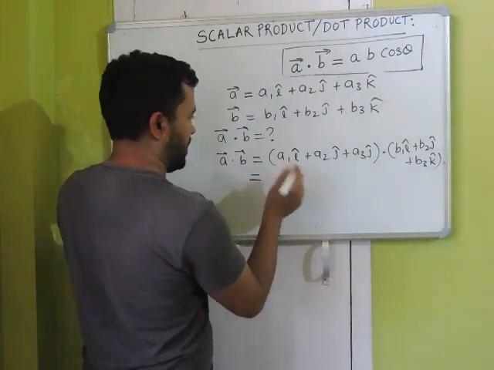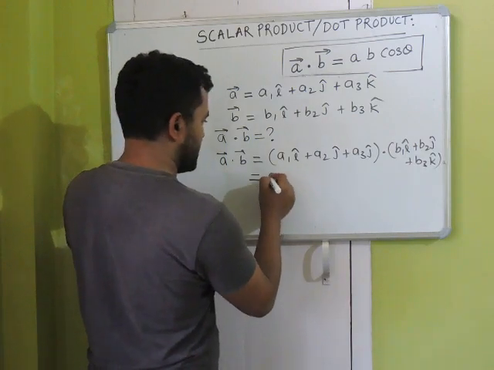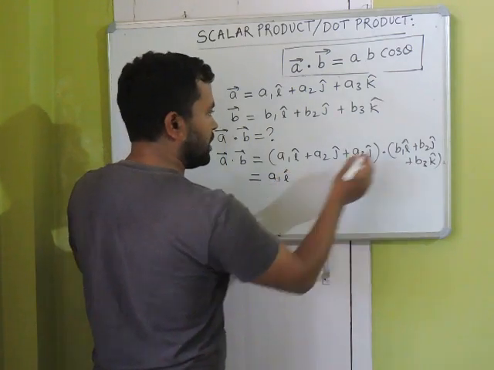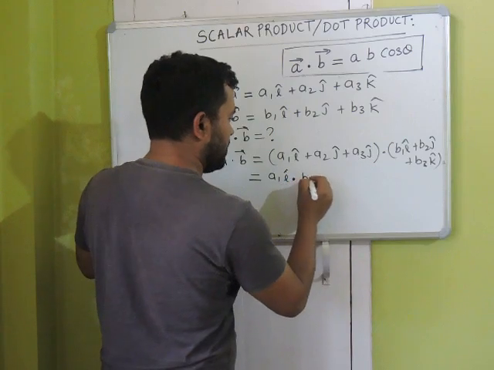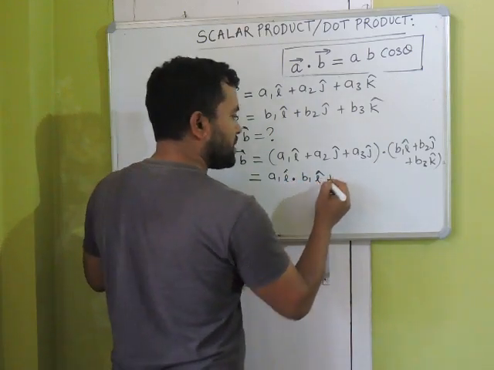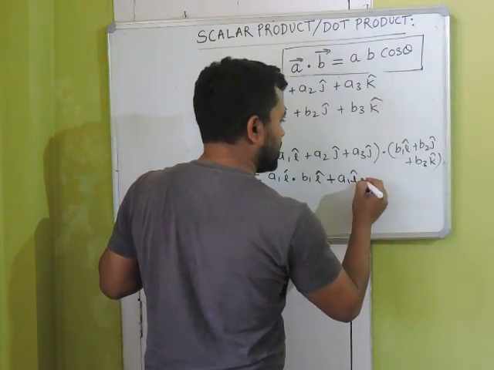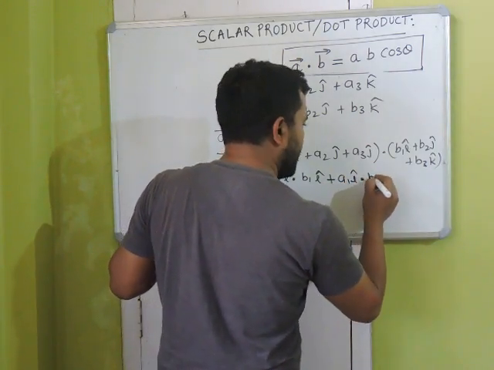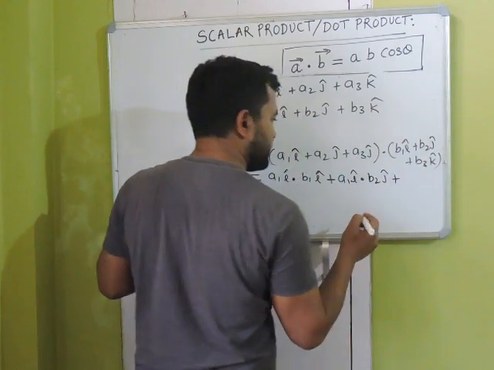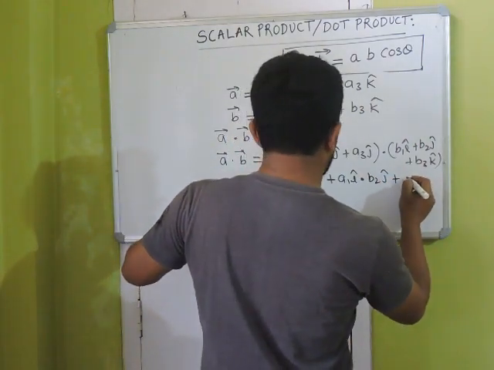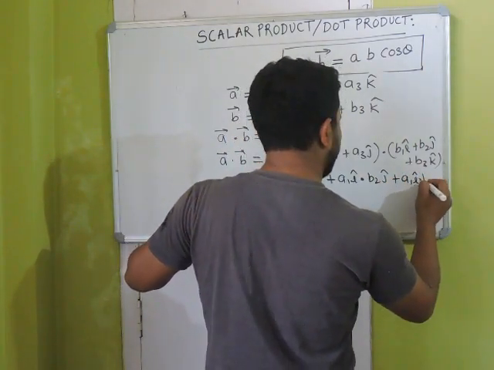Now this one I am just writing: A1 i dot B1 i plus A1 i dot B2 j plus A1 i dot B3 k, right?